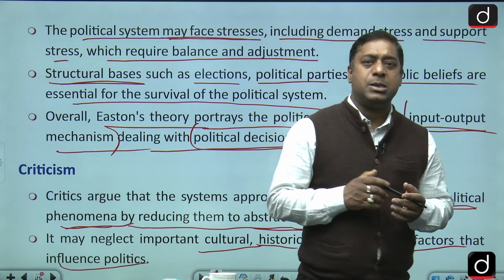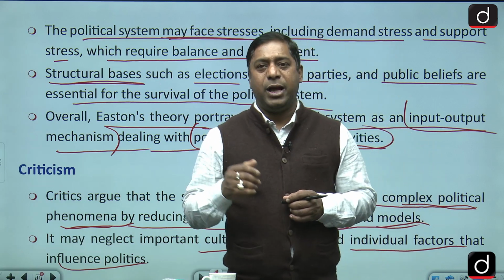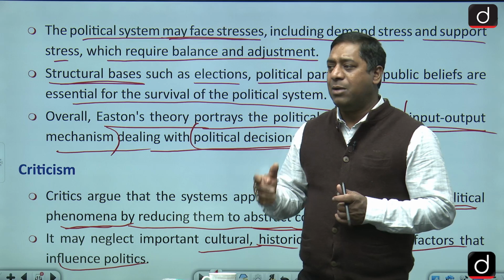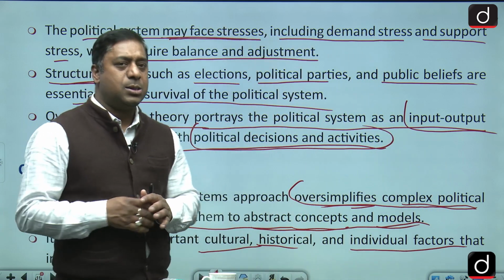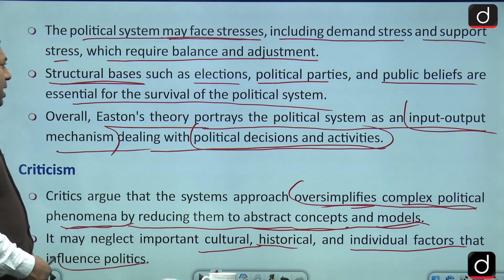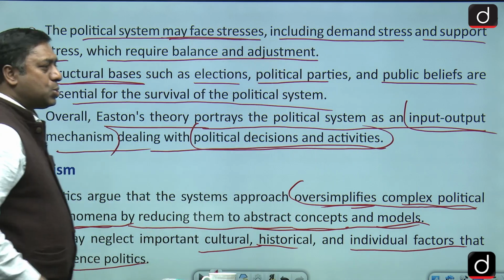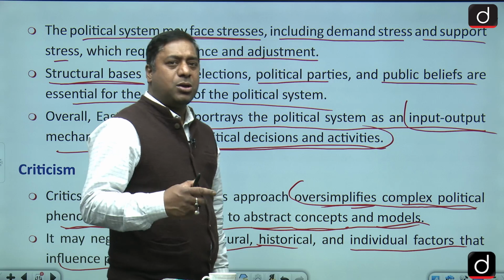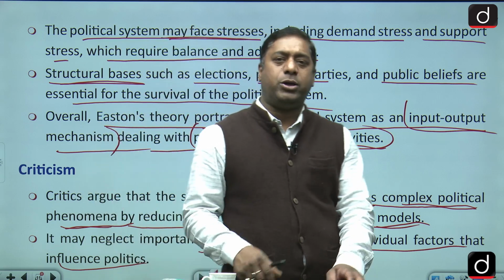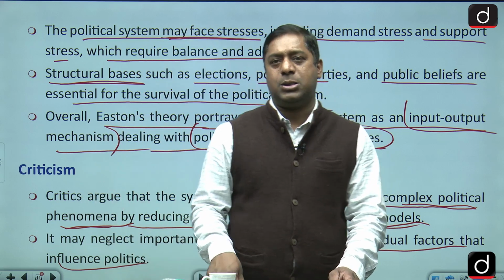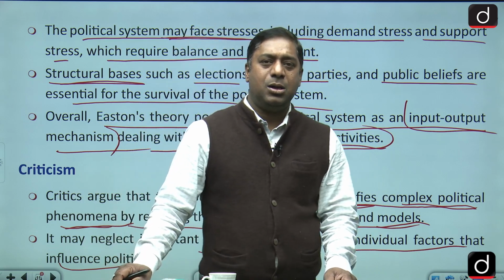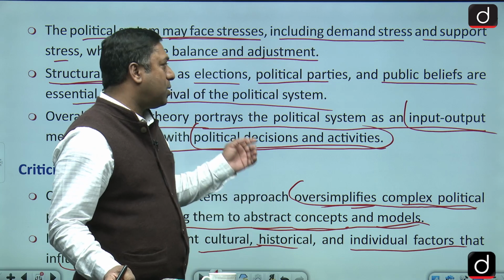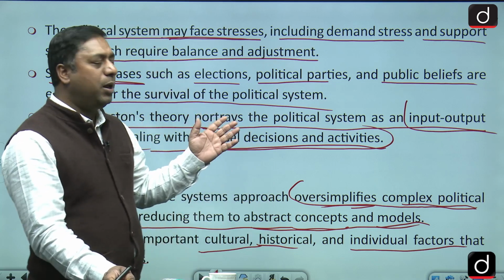They can be demand stress, they can be support stress, but there should be a balance between the stress and adjustments. And he says that structural bases are very important for the survival of the political system. These structural bases, he calls elections, political parties and public beliefs.